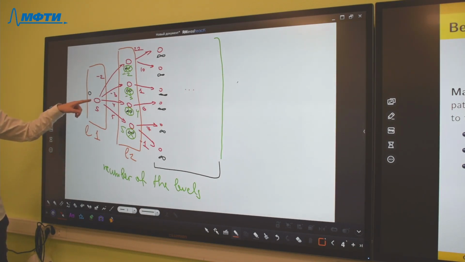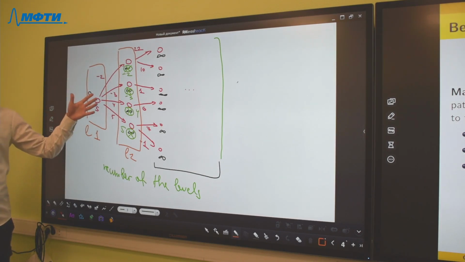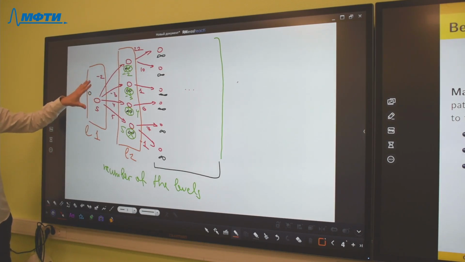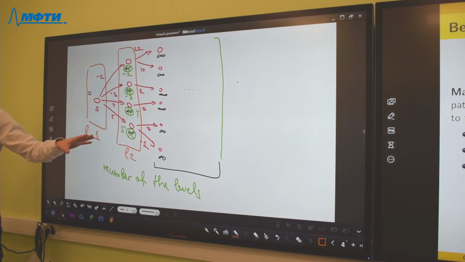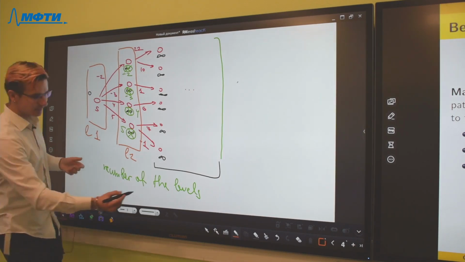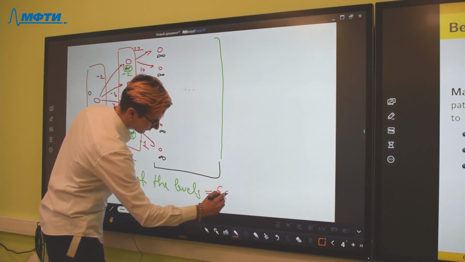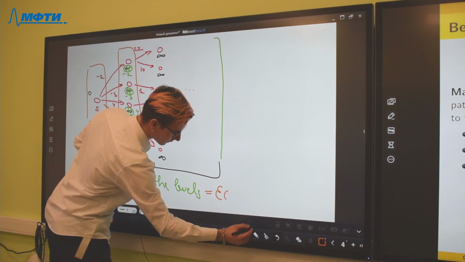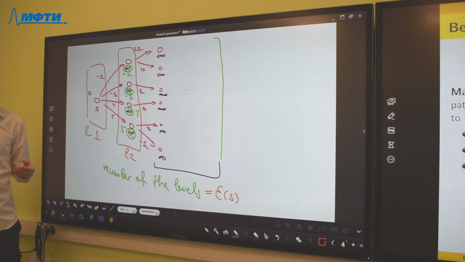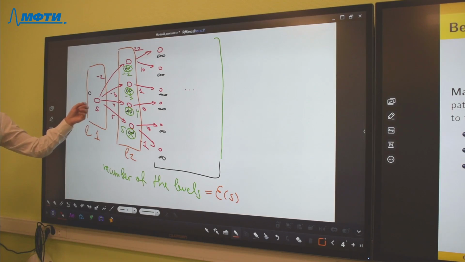We set S as the vertex that is in level 1. And of course, it will be equal to the eccentricity. Remember, eccentricity of vertex S. It will be the maximal of the distances between S and other vertices.